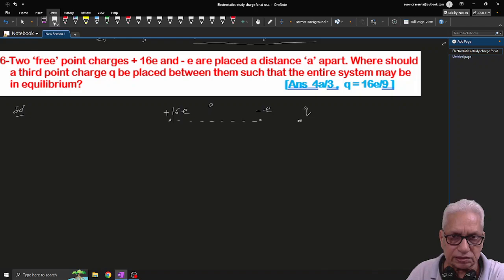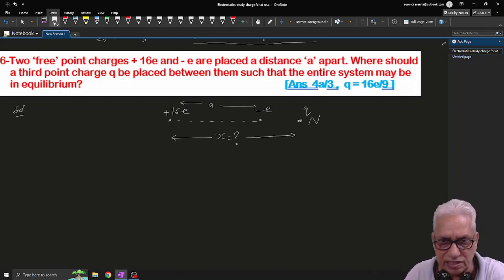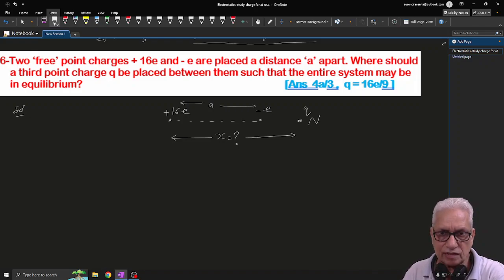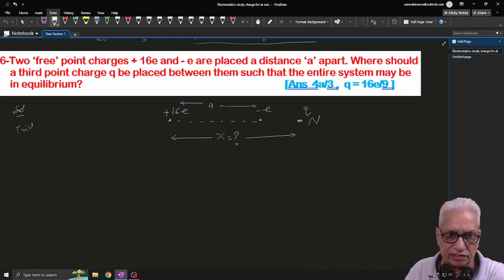Let us say this is the distance a between the two charges given, and this distance is x, the position. We have to find out the neutral point, neutral position. So at this we have to find out the net force, as the trick was there in the previous case. What was the trick here? Position, for finding the position x, निकालने के लिए क्या करेंगे, हम इस पर नेट फोर्स जीरो करेंगे.